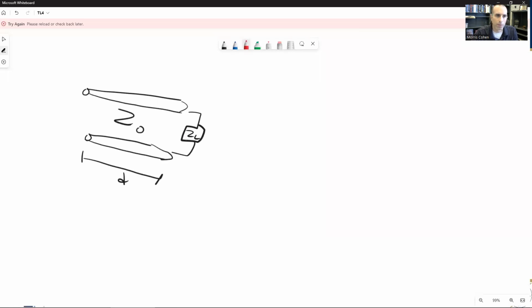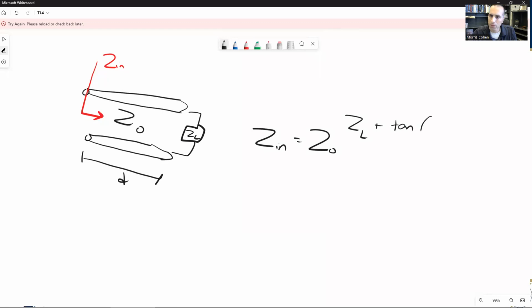If we want to talk about the apparent impedance viewed at the beginning of this transmission line with this load at the end, it worked out to be Zin equals Z0 times (ZL plus Z0 tangent of beta D) divided by (Z0 plus ZL times tangent of beta D).